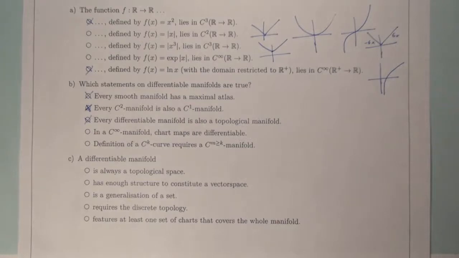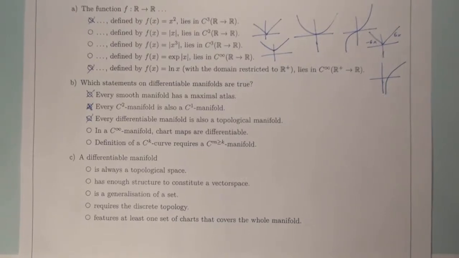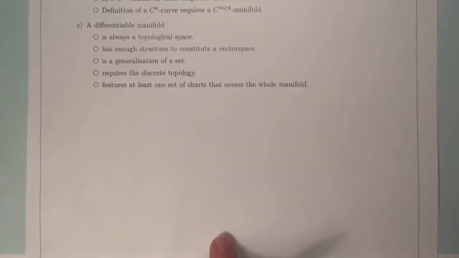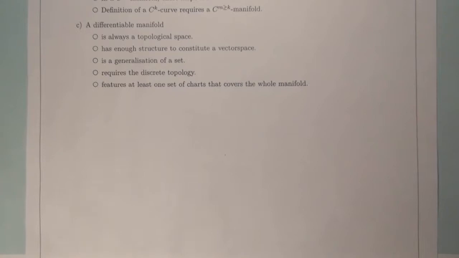Now comes a tricky one. In C infinity manifolds, chart maps are differentiable. In order to say this, we need to think about it, and here's more space, therefore we draw a picture.